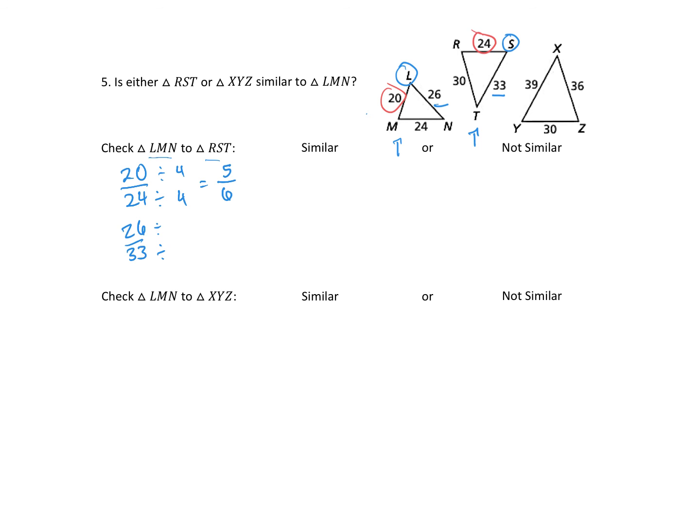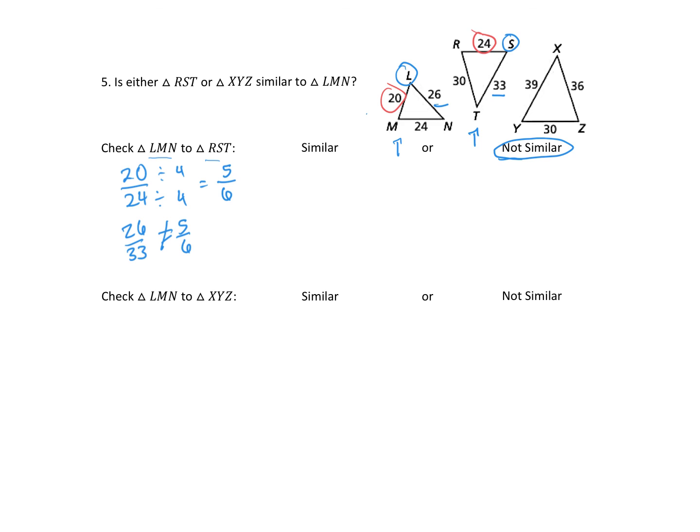So I can't reduce those anymore. 26 and 33 cannot be reduced. So it is just 26 over 33, because there are no factors that are the same. So we can say 5 over 6 is not the same as 26 over 33. So these are not similar.